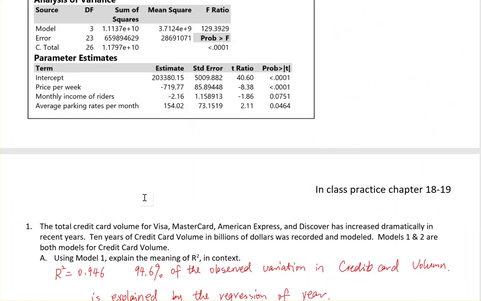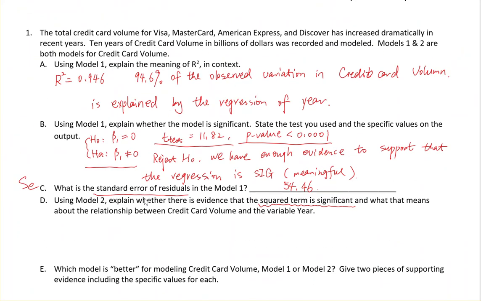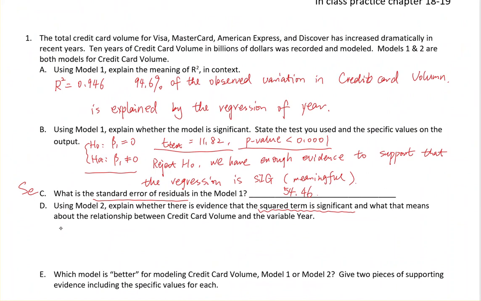All right, okay, so then to test that, we need to state the hypothesis, right? Beta 2 equals 0, beta 2 not equal to 0. Right, so we just want to test about this term, whether this square term is significant or not.